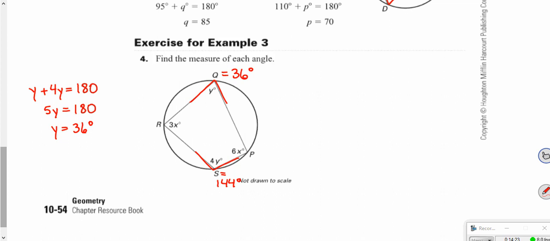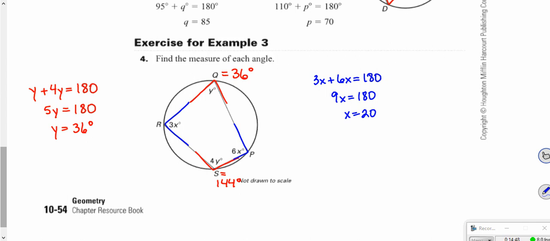Now let's look at the R and the P here. I know that this angle has to be supplementary to that angle. So 3x plus 6x also has to equal 180. So 9x equals 180, x is 20. Then I plug it in.